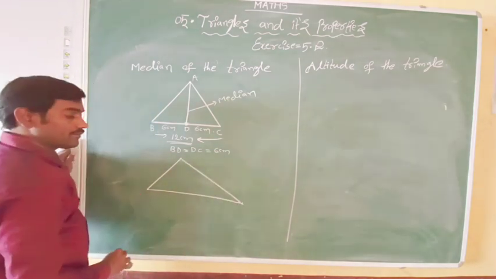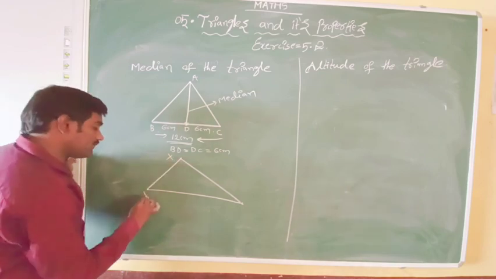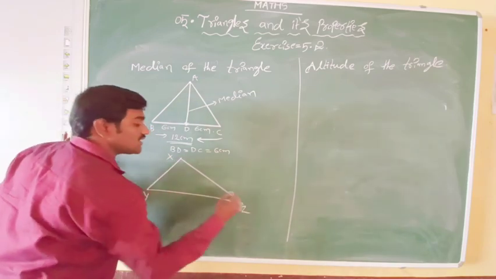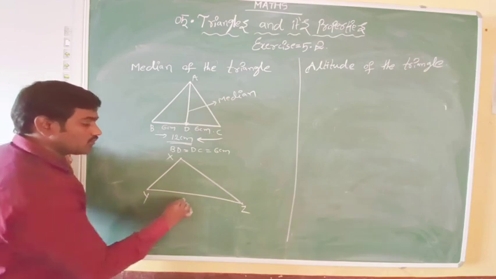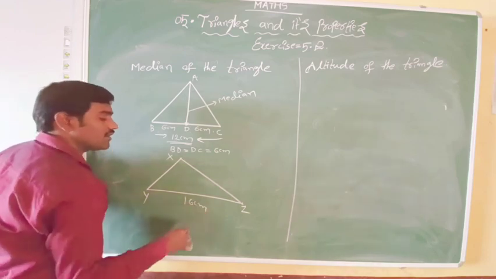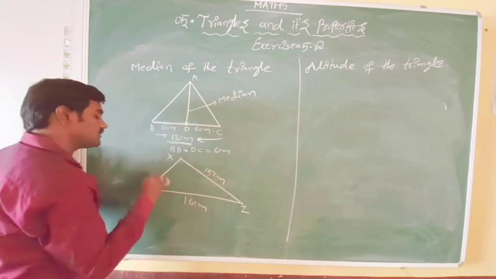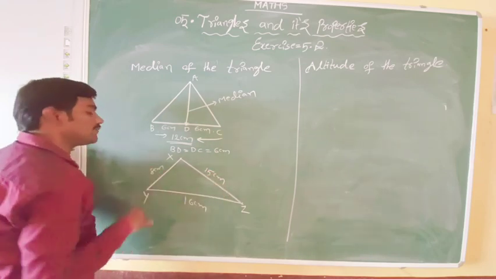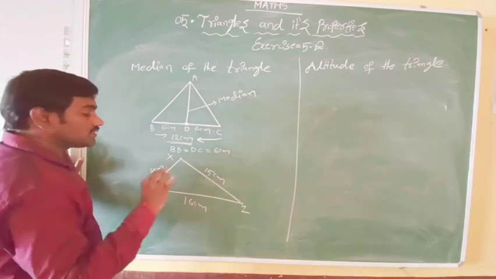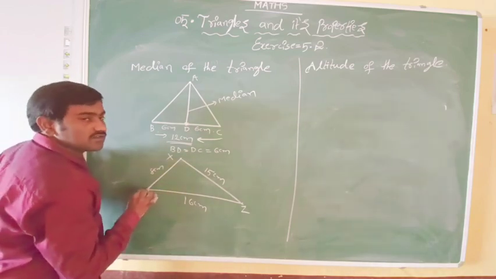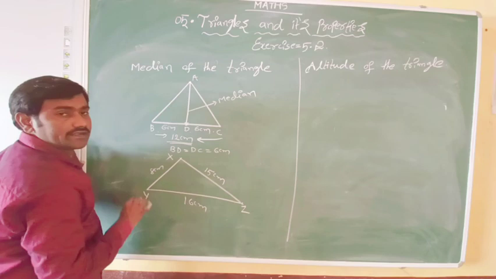Okay, now I can also take another triangle. Let me take a triangle named XYZ. Suppose this is 16 centimeter and this is 15 centimeter and this is 8 centimeter. Let me take the median. From this vertex I will start now. From any vertex you can start.